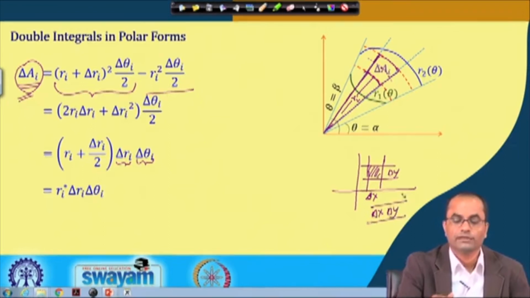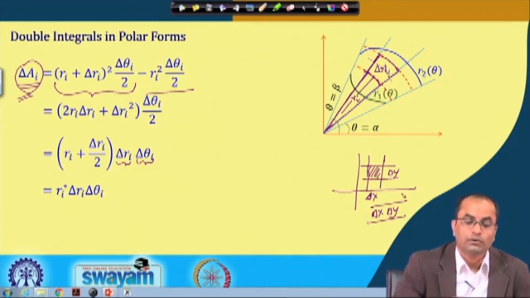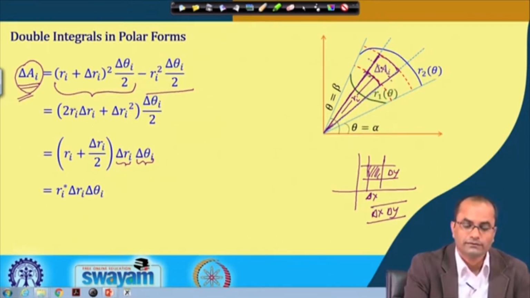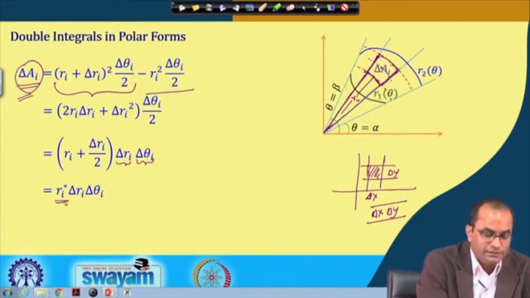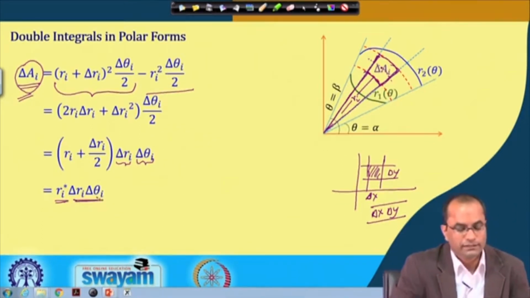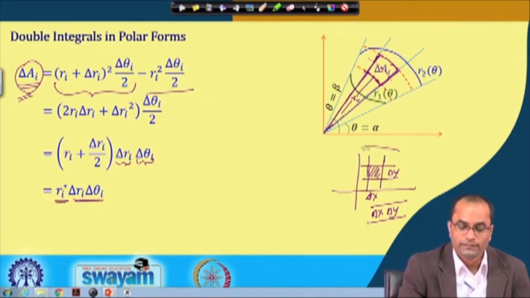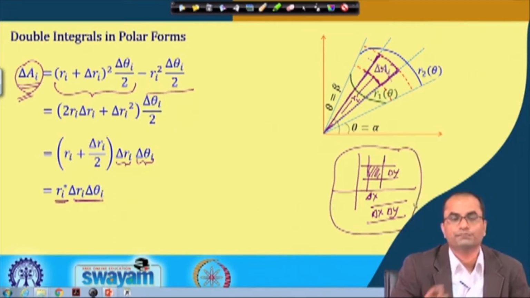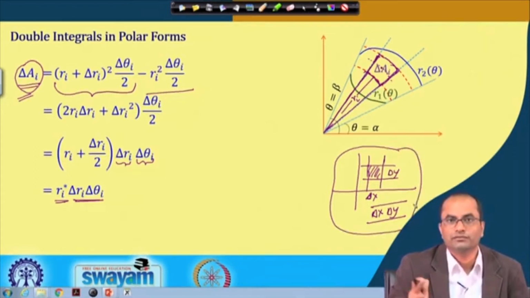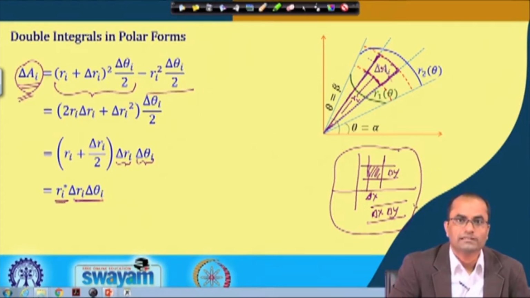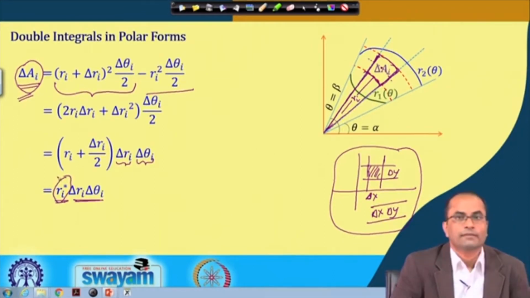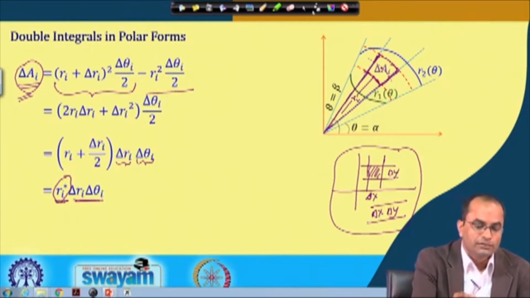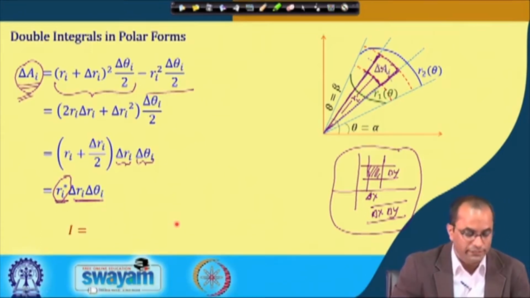But when we talk about polar coordinates, the area of this region delta A_i is r_i star delta r_i delta theta_i, while in the Cartesian coordinates it was simply the product of the increments we have made in the direction of x and in the direction of y. So, here one additional factor r_i has appeared.